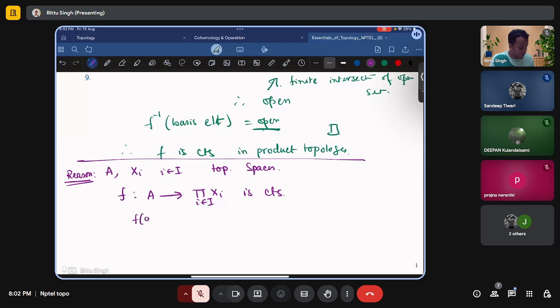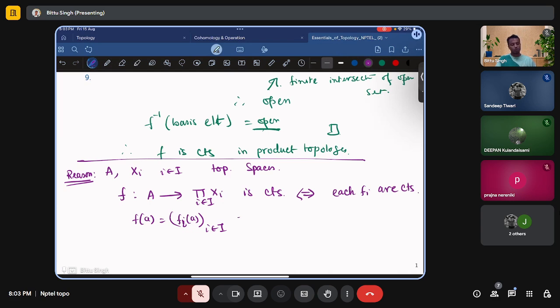So f of a will look like f1(a), f2(a), and so on. It is not exactly this kind of sequence because I may not be countable, but it will be fi(a), i belongs to I. So f maps A to the product of Xi. This is continuous if and only if each fi is continuous.